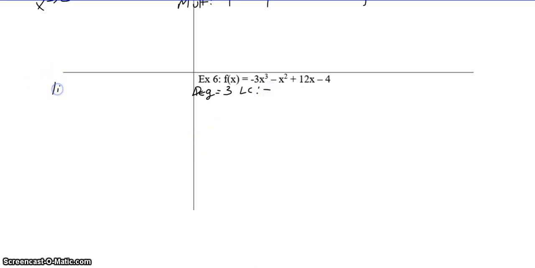So if we write them down, this is showing your steps, how you got the graph, what it looks like.